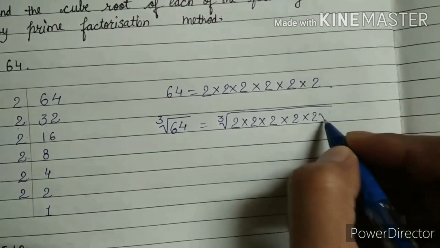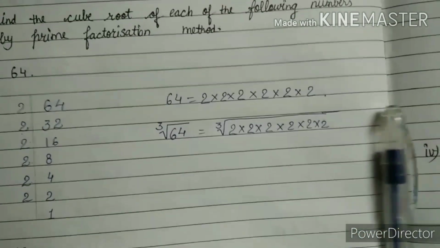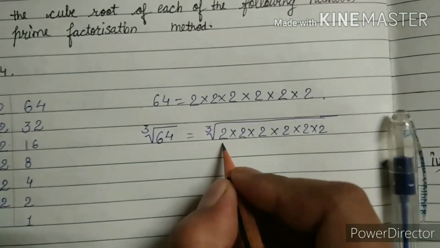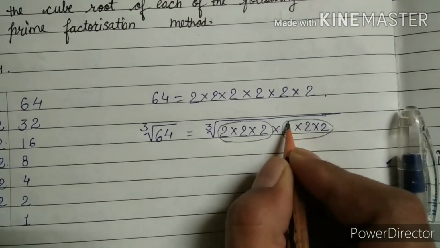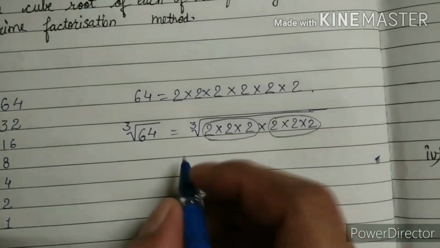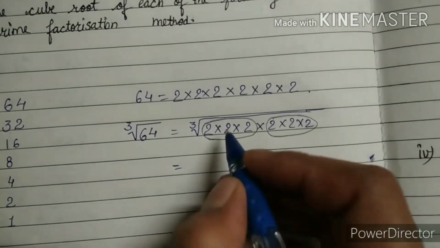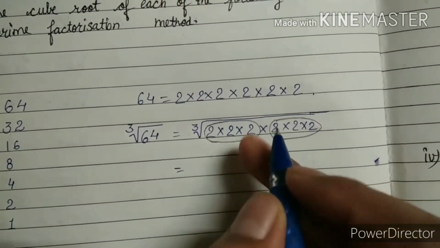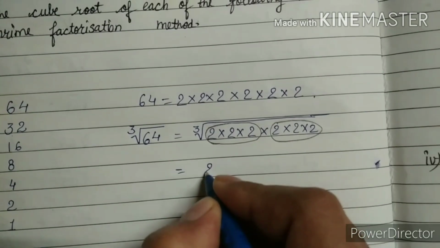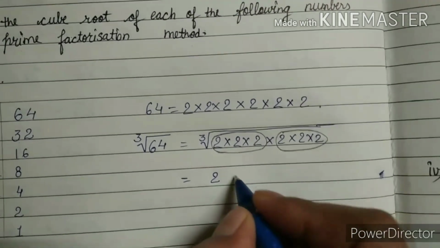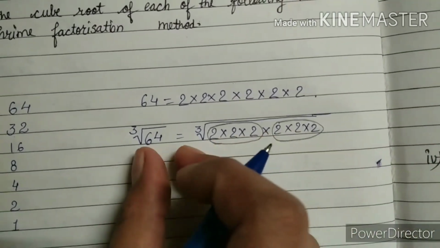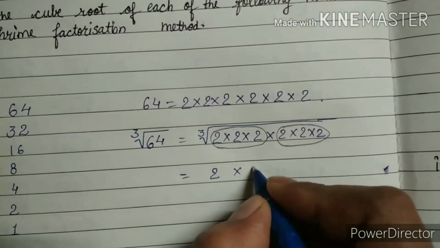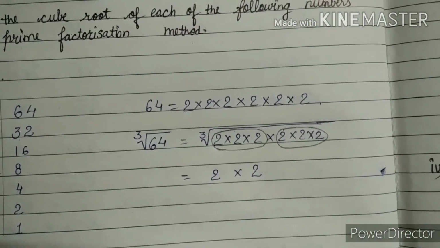Now as you can see, this is the cube root. That's why we have to do the pairing of 3. In the square root we do the pairing of 2, but in this we have to do the pairing of 3. The first group of 3 will give us 2 outside of the root, and the second group of 3 will also give 1 time 2 outside of the root.